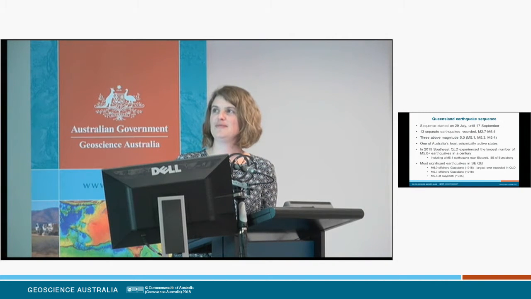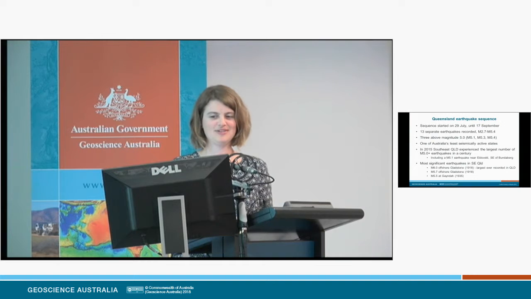And this is very interesting for one of Australia's least seismically active states. In 2015, Queensland experienced the largest number of magnitude 5s in a century, and this includes the 5.1 near Eidsvold. The most significant earthquakes in southeast Queensland historically, we had two in a similar area to the Fraser Island quakes.